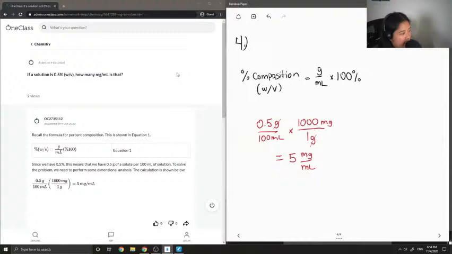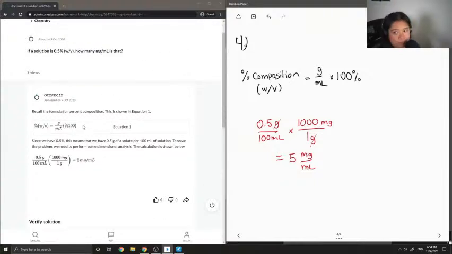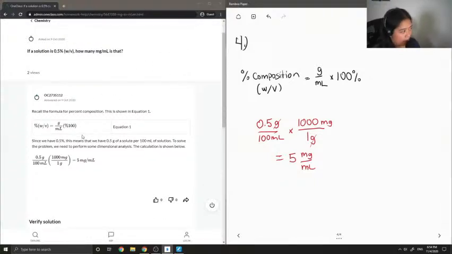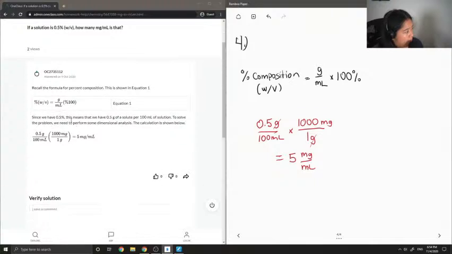So let's see what our junior tutor said. Recall the formula for percent composition. This is shown in equation 1. So this is the same formula I have, where percent of weight over volume is equal to grams per mil times 100%.